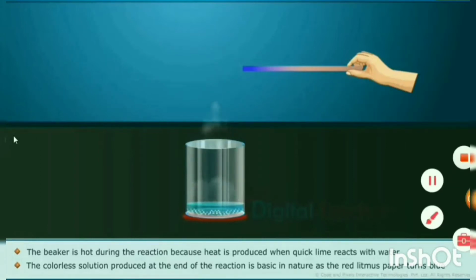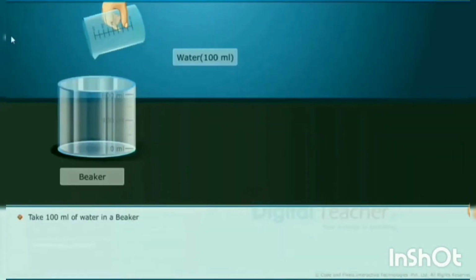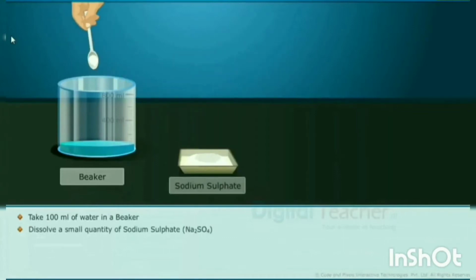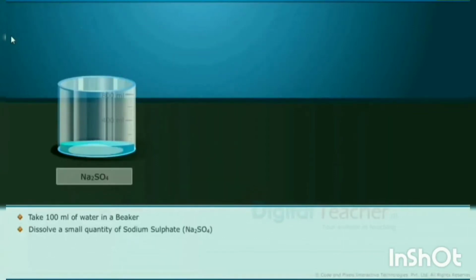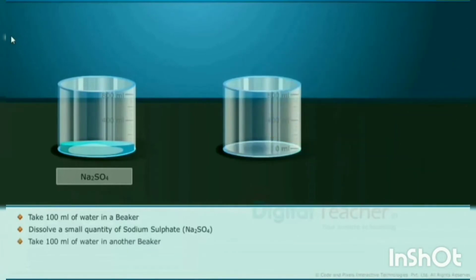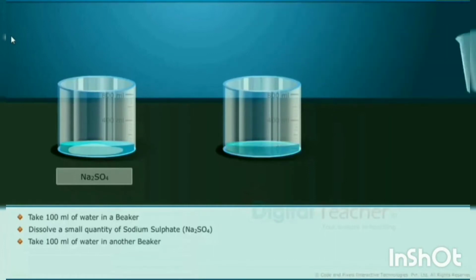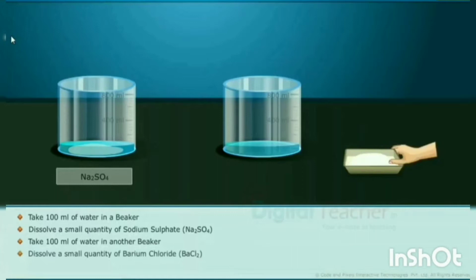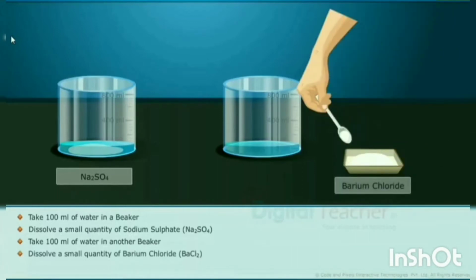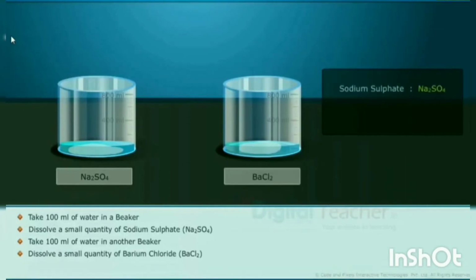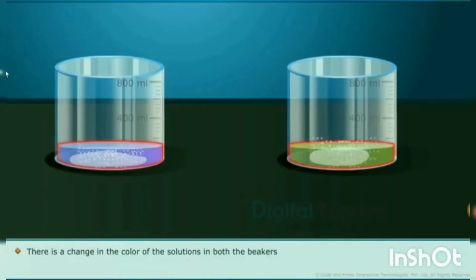Let us see another activity. Take 100 ml of water in a beaker. Dissolve a small amount of sodium sulfate. Take 100 ml of water in another beaker. Dissolve a small quantity of barium chloride in the beaker. Now we can observe a change in the color of the solutions in both the beakers.